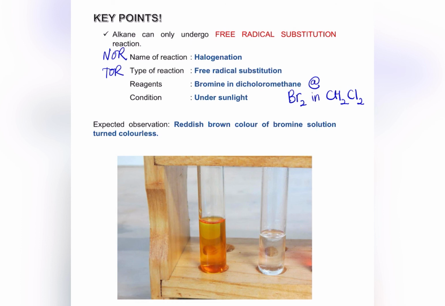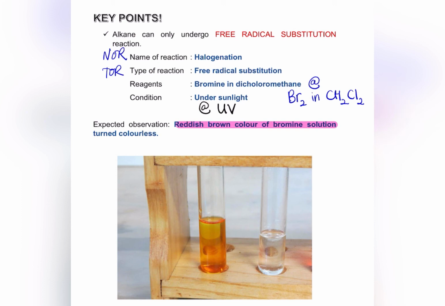And if the question asks you to list down the condition, you can write it as under sunlight or capital letters UV. If you do the experiment for free radical substitution under sunlight, you can expect one observation, which is the reddish brown color of bromine solution turns colorless.